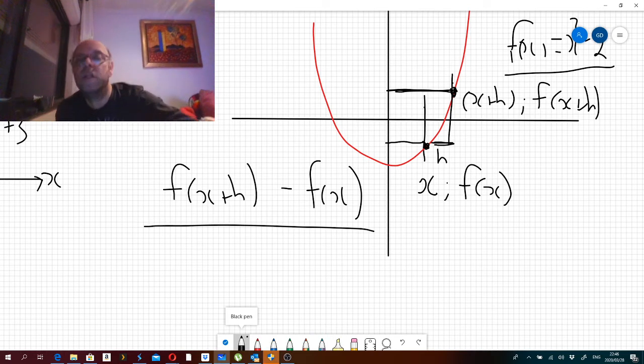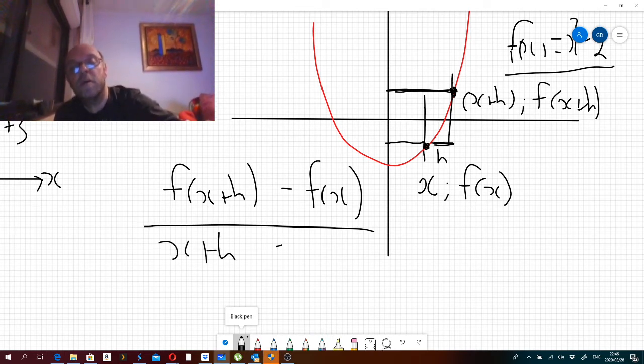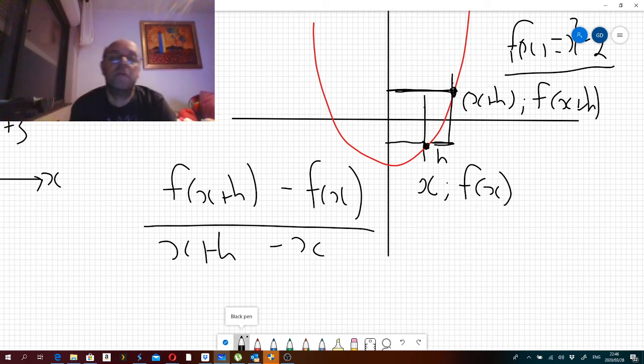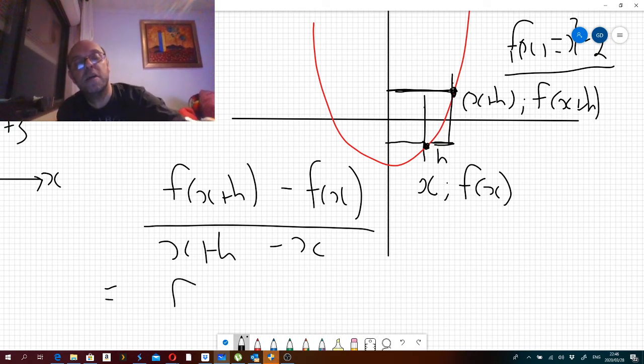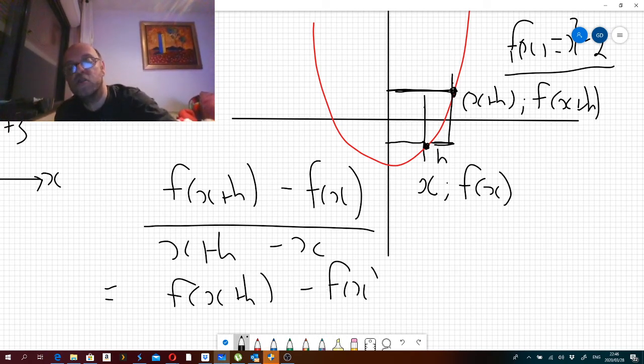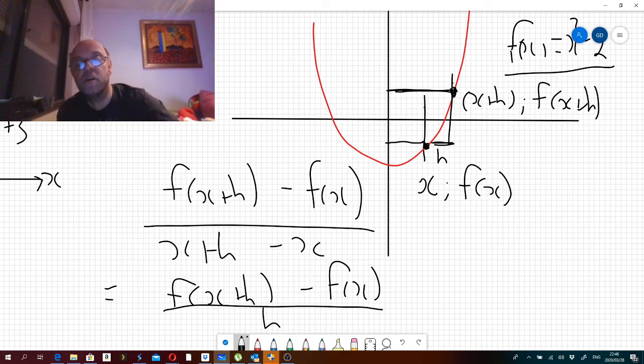At the bottom we'd have the change in x, which would just be the x plus h value minus the x. We could simplify that further: it's still the function of x plus h minus the function of x, it's just the gradient still. And what is x plus h minus x? Well, that's just h. So we end up with this.